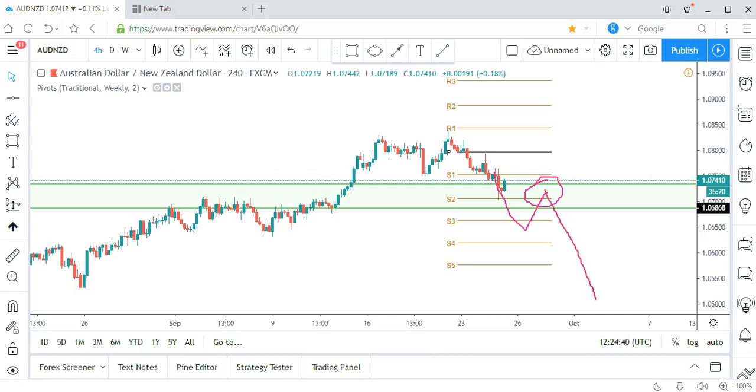You sell to the downside. But if you don't get this kind of scenario and price pushes up and closes above the PP and retests the S1, you buy from this level if you get bullish impulses and bullish price rejection from that zone, and you buy to the upside. That is how you look for a trade setup.